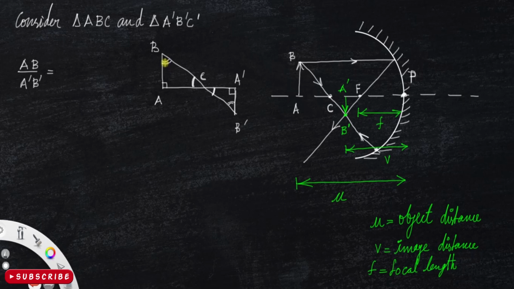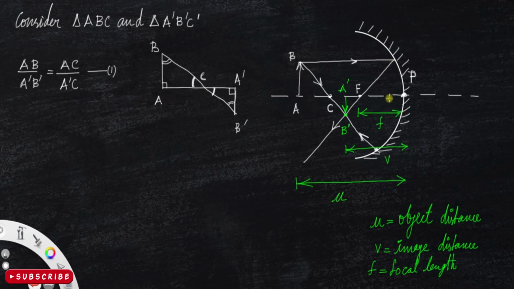So the side opposite to this angle is AC. The angle equal to this angle is this one. So the side opposite to this angle is A dash C. Clear? Let me call this equation number 1. So from these two triangles we get this relation.